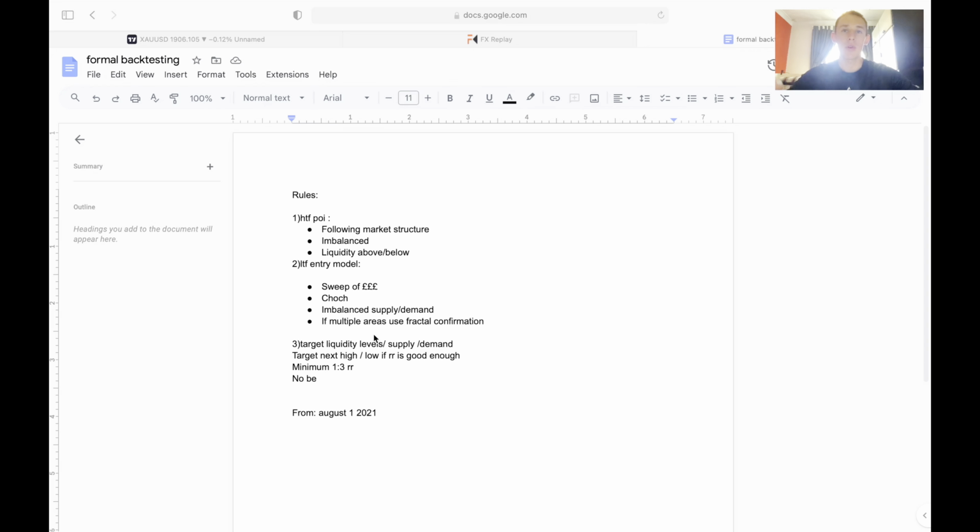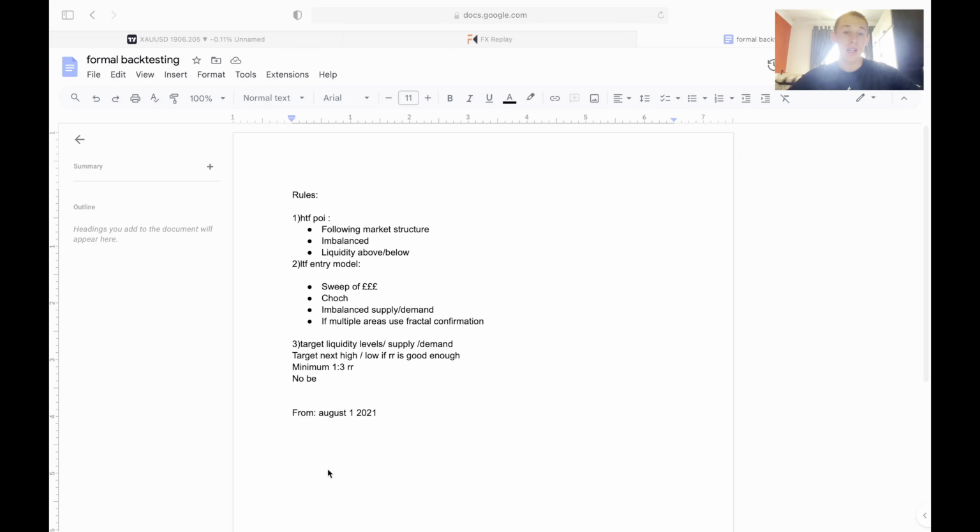So for example, on the 15-minute, if price comes into our POI, we then go down to the 5-minute and look for this same lower time frame entry model. As for targeting liquidity or levels of supply and demand, minimum 1-to-3 risk to reward ratio, no break even.